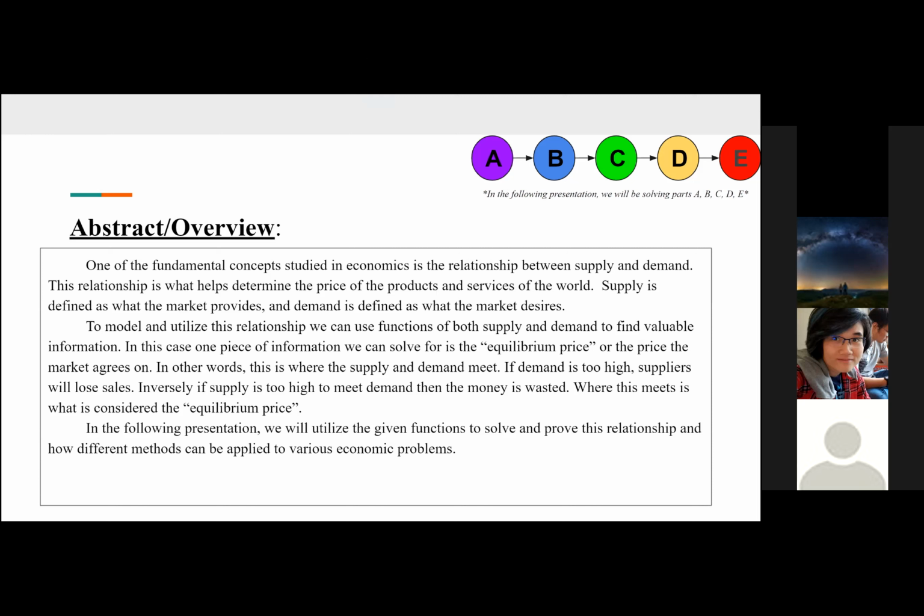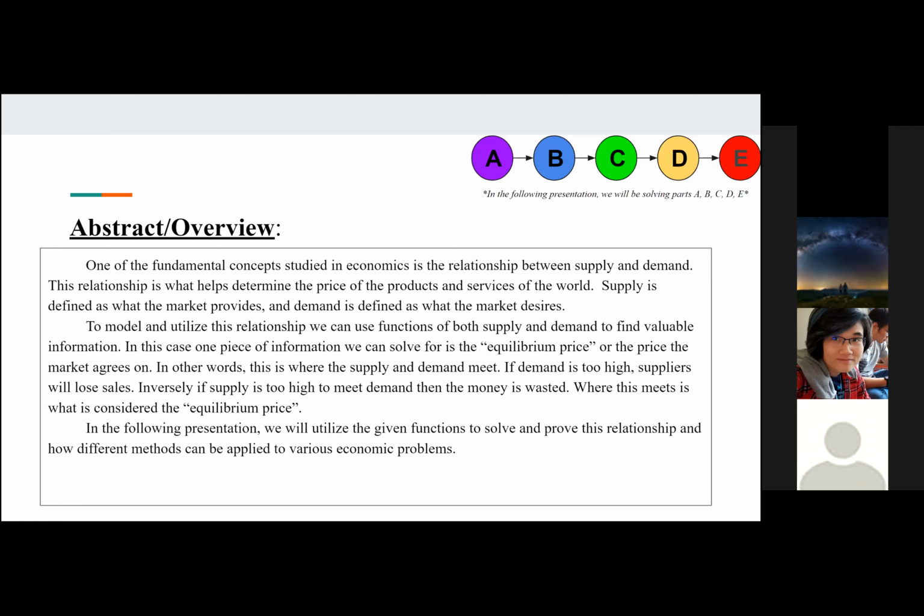We can define supply as what the market provides and demand as what the market desires. To model and utilize this relationship, we can use functions of both supply and demand to find really valuable information. For the first part, A and B, we're going to be solving for what's called the equilibrium price, or the price the market agrees on. In other words, this is where supply and demand meet.